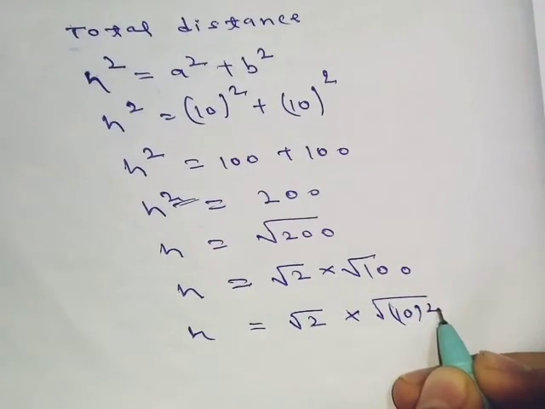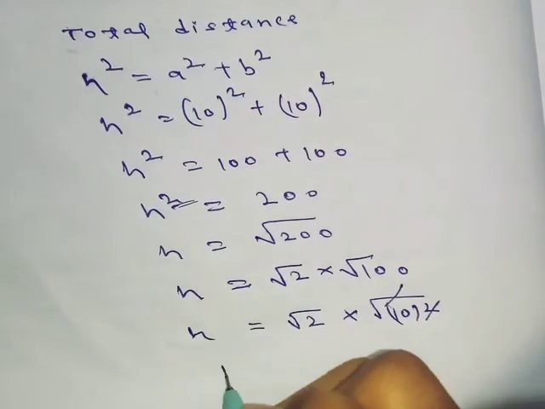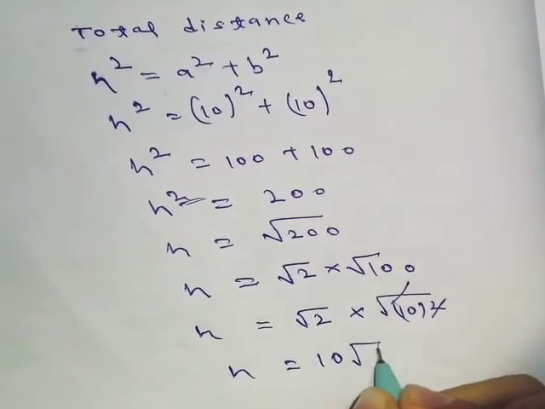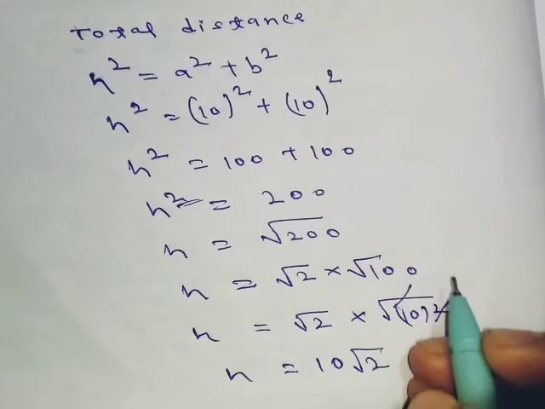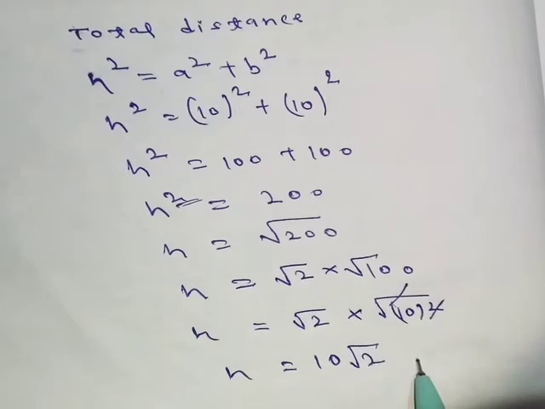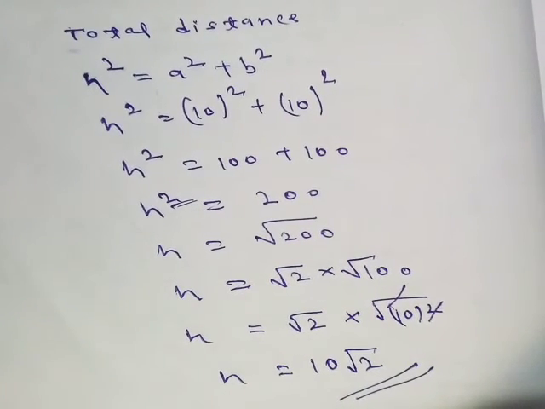Now this square and this root will get cancelled. So we got 10 root 2. Root 2 can further be simplified by long division. So let's keep the answer here. This is how we can find it by using the formula of Pythagoras theorem. This is all about this concept, and it is a very important concept basically in maths and physics. These questions we can find.